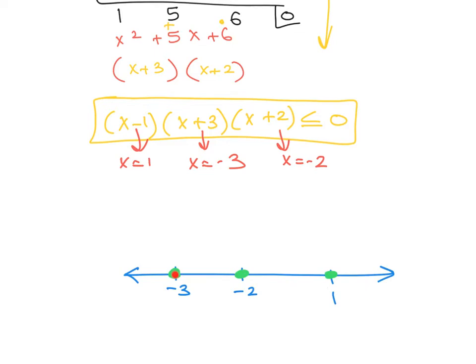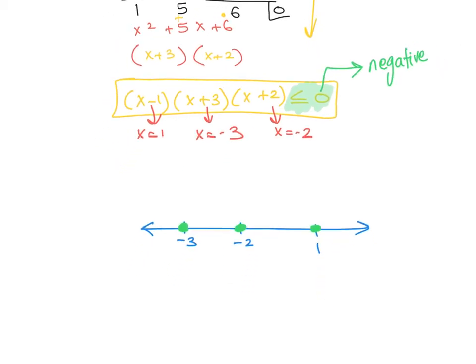Do I need the numbers that are less than negative 3, between negative 3 and negative 2, between negative 2 and 1, or greater than 1? So I have 4 different places to test to see if that's going to give me something less than or equal to 0. That means I need stuff that is negative. Whatever is negative works for me.